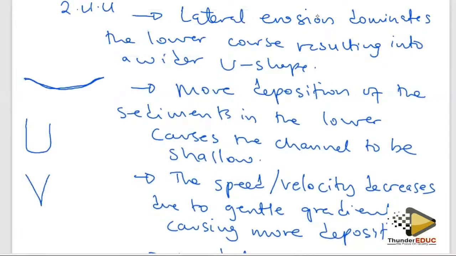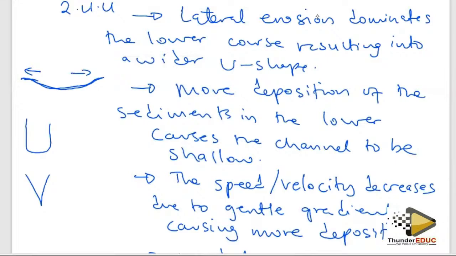So they're asking why the lower course has this kind of shape, and we said here, due to lateral erosion, because lateral erosion is when a river erodes its banks or its sideways, making the channel wider. So lateral erosion dominates the lower course, resulting into a wider U shape, or more deposition of the sediments in the lower course.